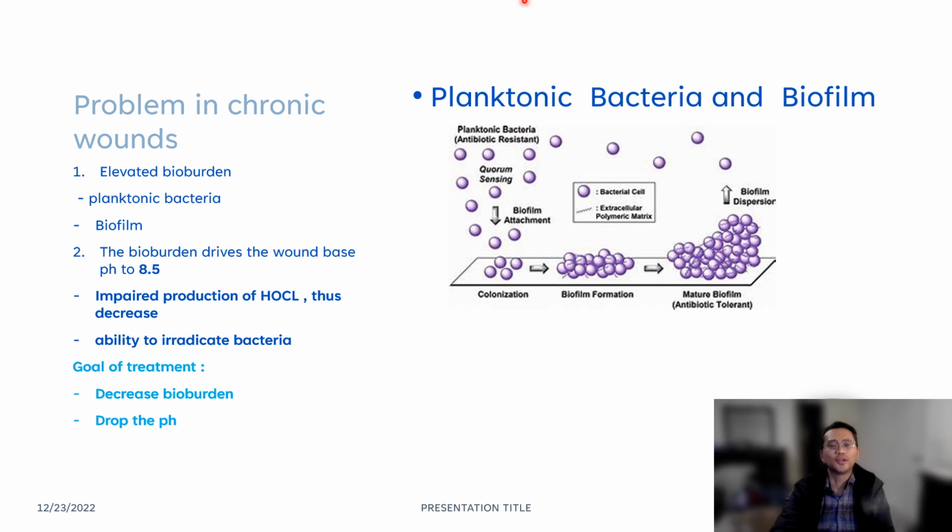If you recall from my first video, I mentioned that the production of hypochlorous acid requires a low pH environment because protons are required for its production. Therefore, due to the high level of bioburden in chronic wounds driving the wound base to a high pH, there is an impaired production of hypochlorous acid and a subsequent decreased ability to eradicate bacteria.